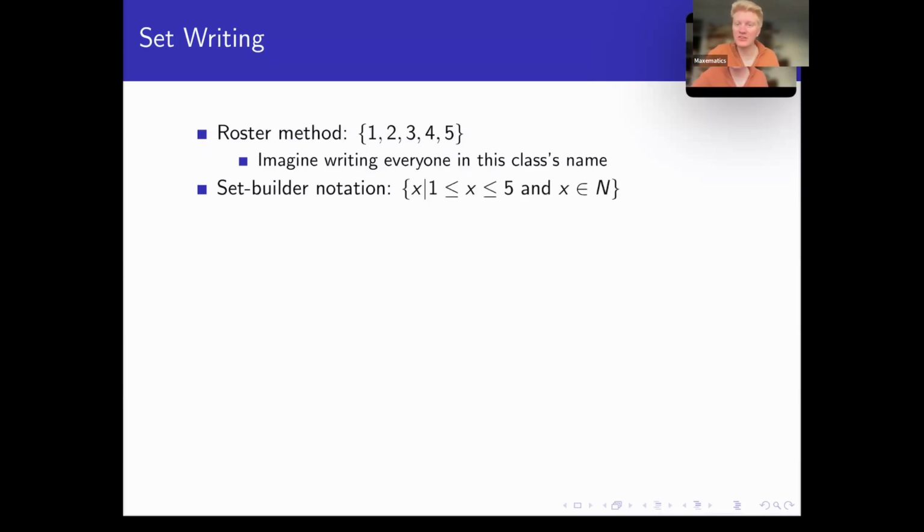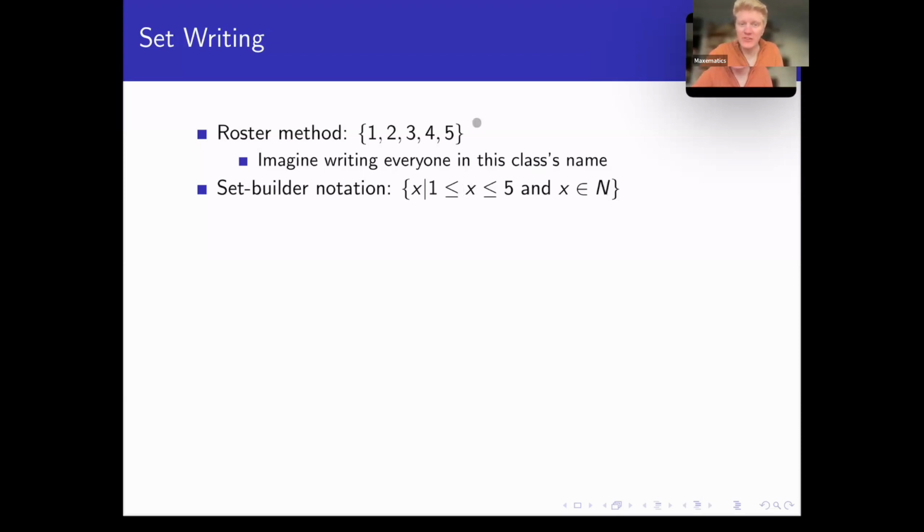So set builder notation would be something that looks like this. What this says is the set of X such that X is between 1 and 5, and X is a natural number, and then end set. So all the numbers between 1 and 5 such that all of those numbers are natural numbers.